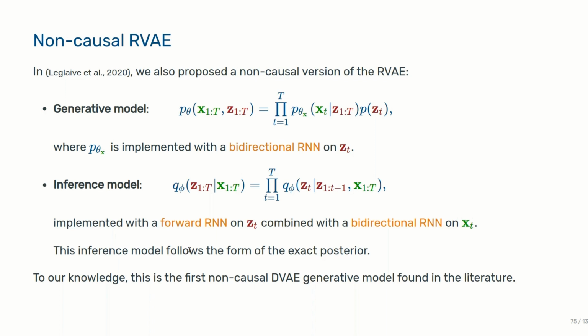Therefore, to implement that, we need a forward recurrency on ZT and a bidirectional recurrency on the observations. To our knowledge, and very differently from all the models that we have presented so far, this is the first non-causal DVAE generative model that is found in the literature.